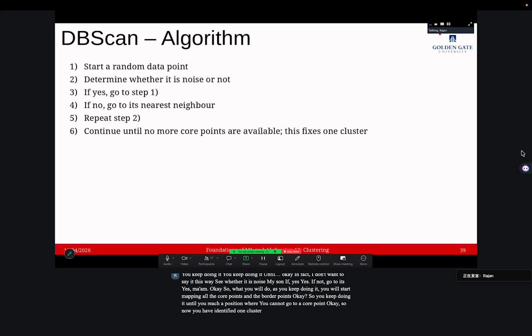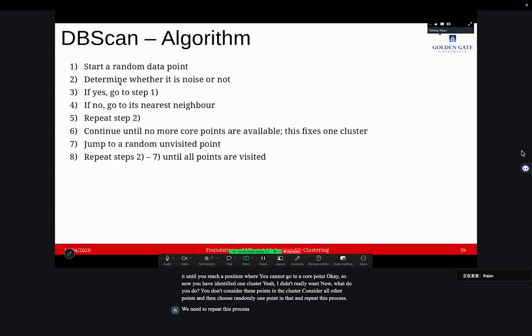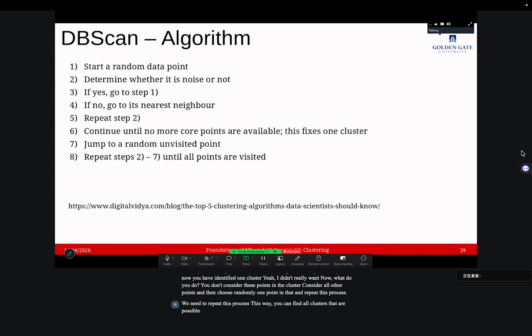Now what do you do? You don't consider these points in the cluster. Consider all other points and then choose randomly one point in that and repeat this process. This way, you can find all clusters that are possible.